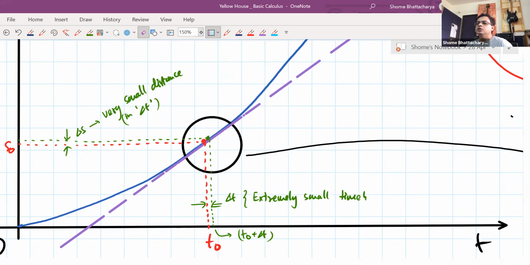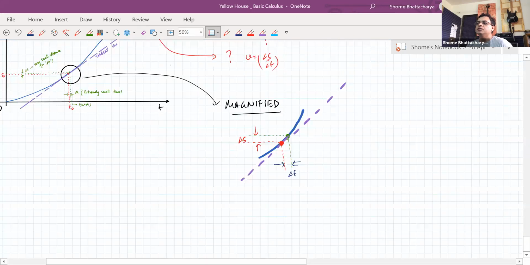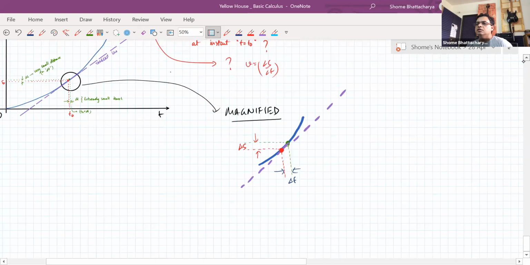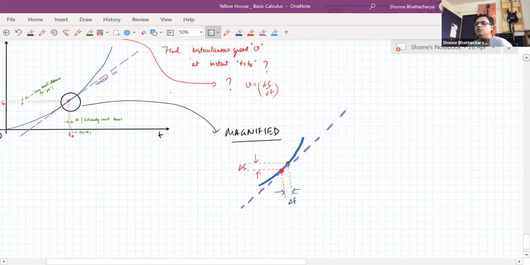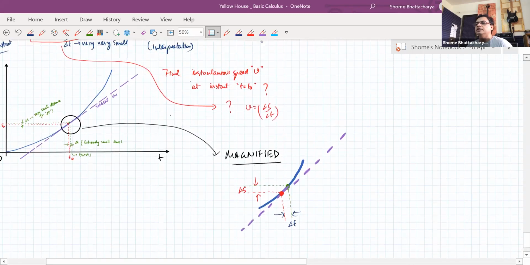I would have to join these 2 points which I have drawn over here, the point at t equal to t0 and the point at t0 plus delta t, with a line which is then called the tangent line. So in the situation where I'm doing this calculation very precisely, my delta t is extremely small. The smaller the value of delta t, the more accurate it is. Okay.